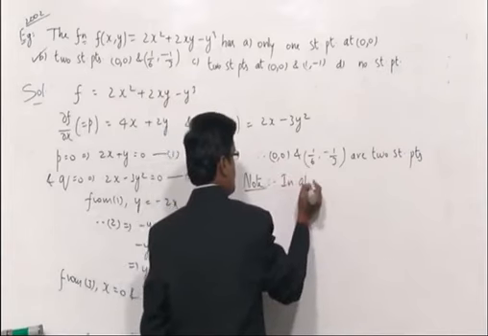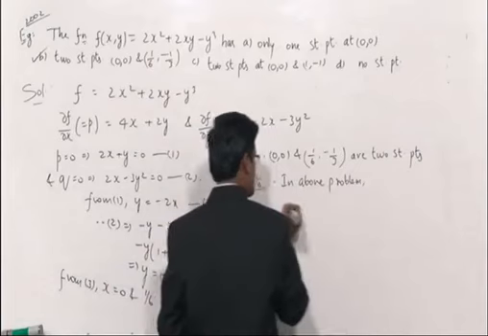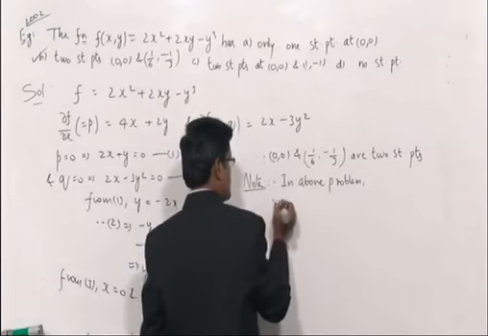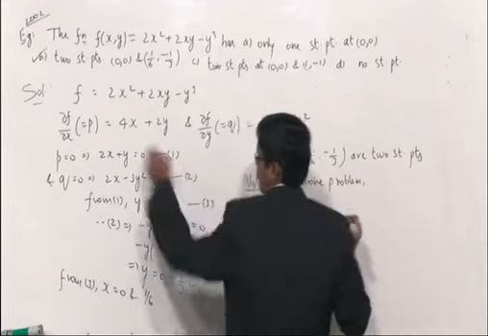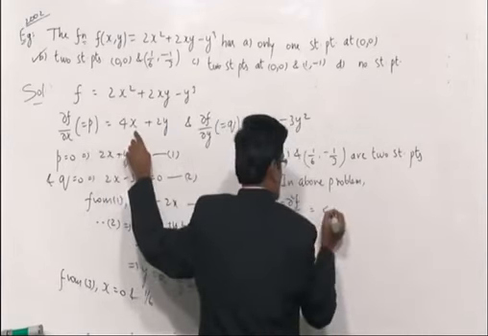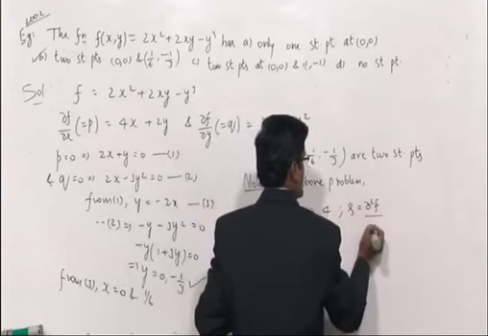In the above problem, see all of you, R is nothing but del square f by del x square. That is, for del f by del x you find one more derivative with respect to x, which gives 4. S is nothing but del square f by del x del y.